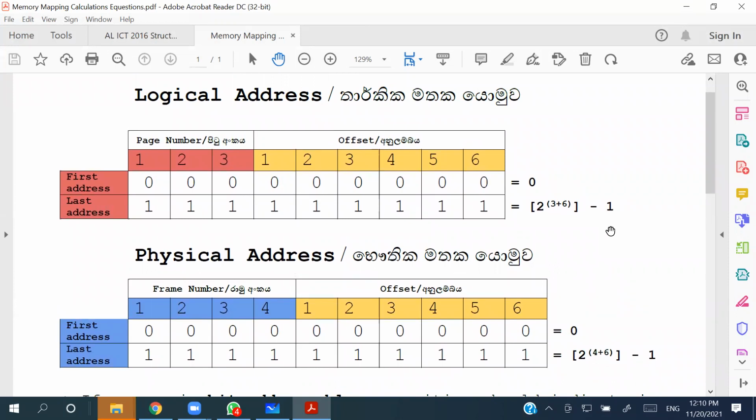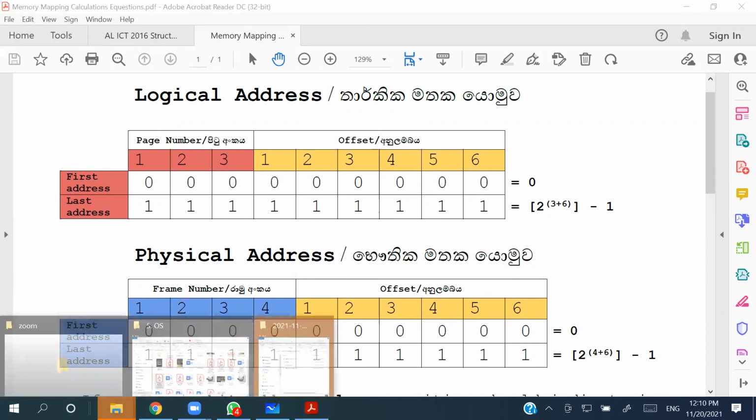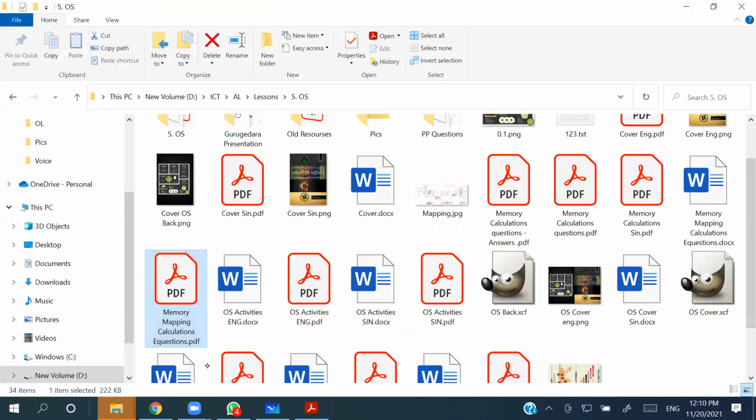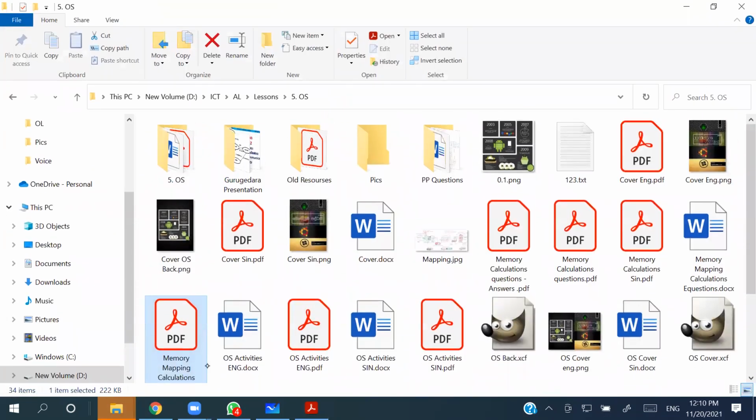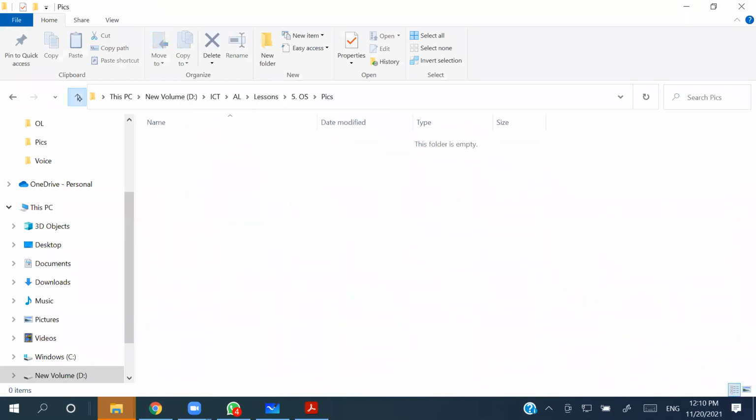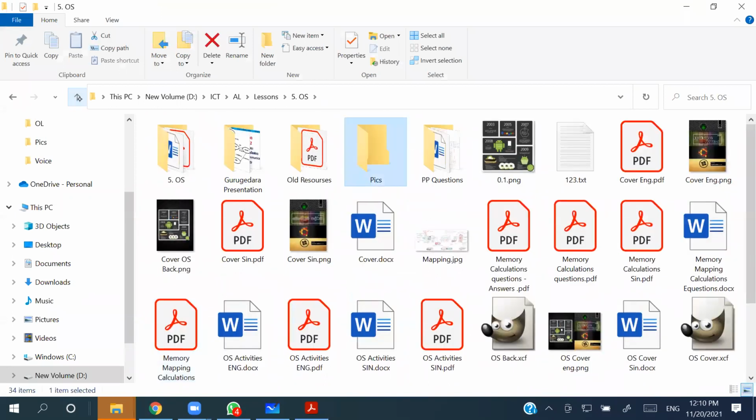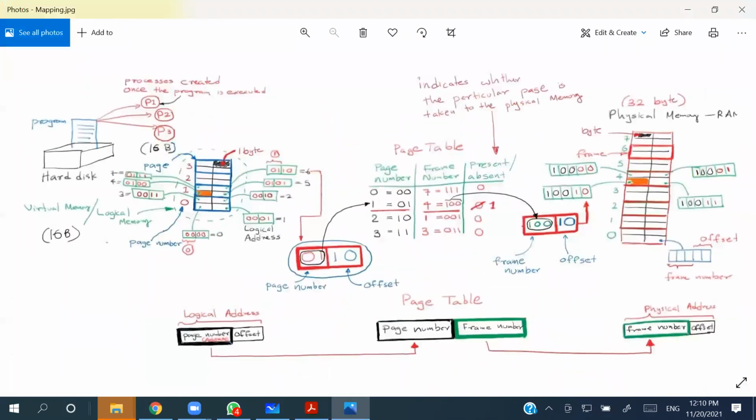The 9th and 10th are talking about that big diagram we drew. Do you remember that big diagram we drew? Something like this.